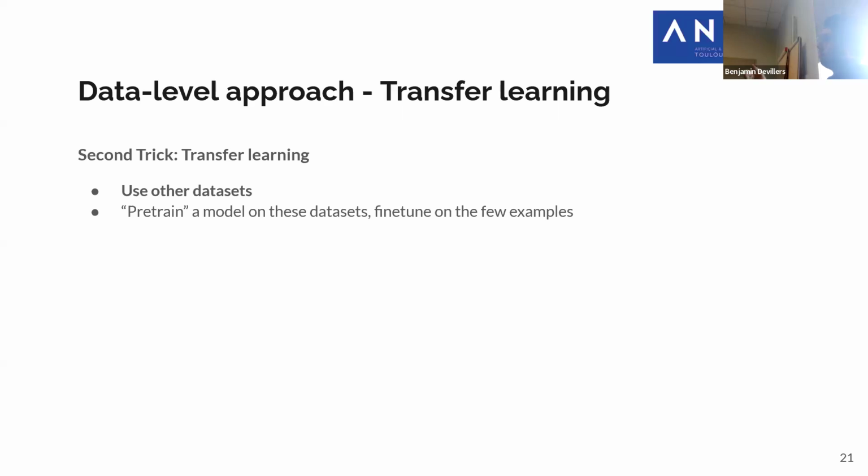So you pre-train the model on one data set to gather knowledge on this data set. And then you continue the learning only on your own data set with a few examples. And this new learning hopefully will keep information that it gathered before and just adapt it for your own task.